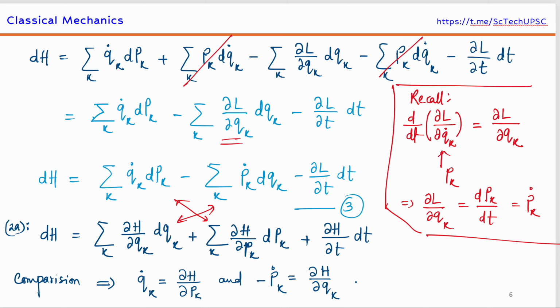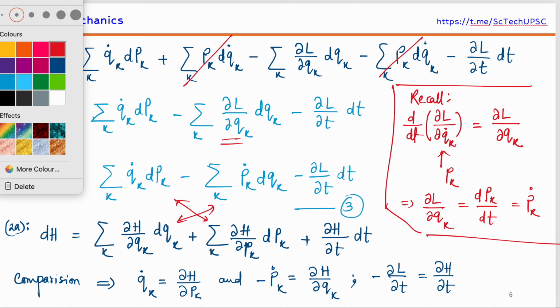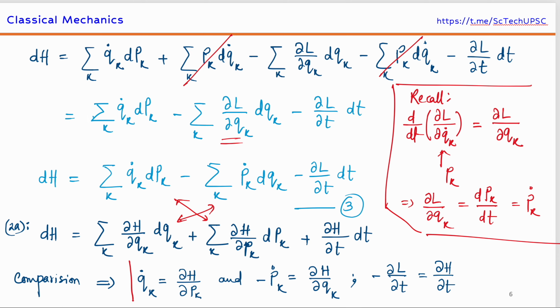So this is normally what we write as Hamilton's equation of motion, and this also has the third term. This comparison between the last term will give us negative del L over del t is equal to del H over del t. Okay, so these are the sets of equations here that we normally refer to as Hamilton's equation of motion.